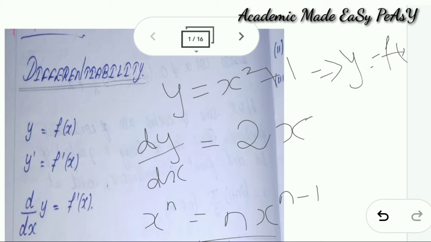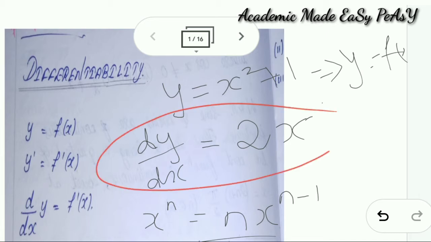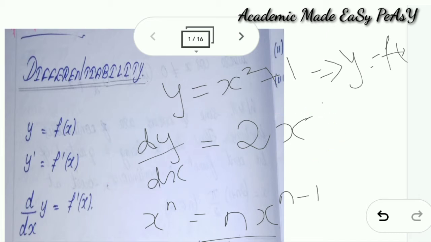Here n is 2, so 2 minus 1 is 1. So 2x power 1. Here I have a constant, and differentiation of any constant is 0, so I can just leave it like this. Therefore dy by dx is equal to 2x. This is my answer. We will learn it in detail in the exercise.